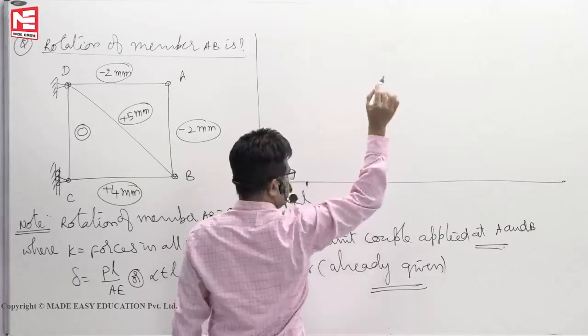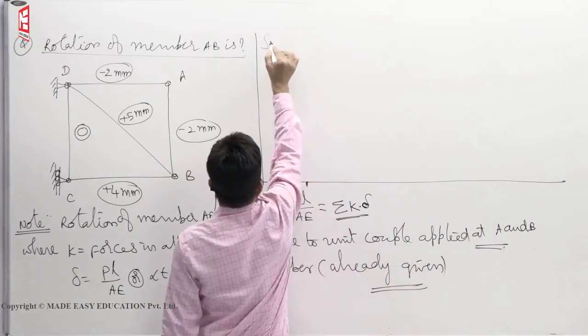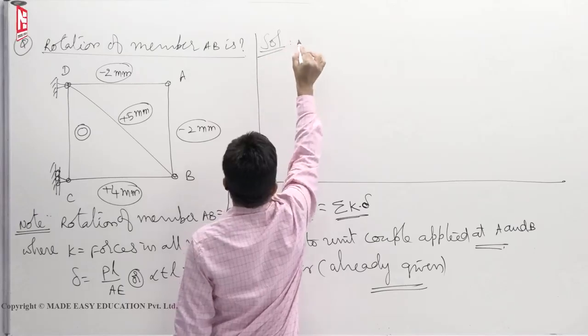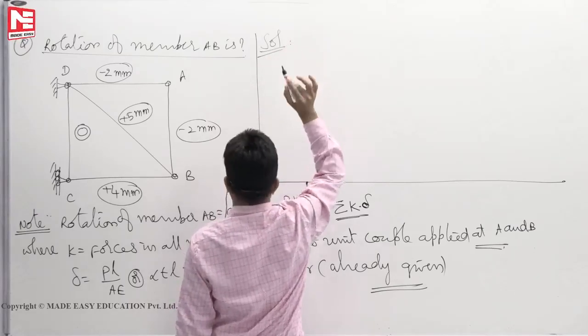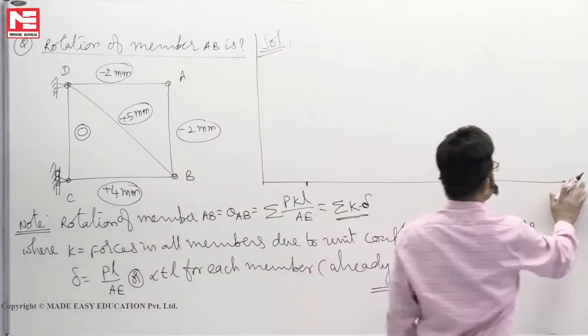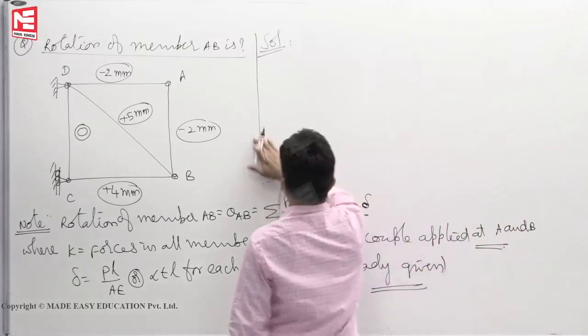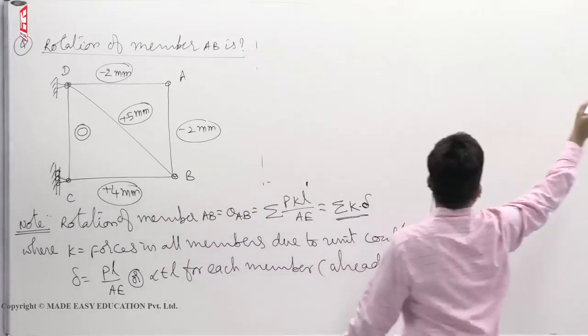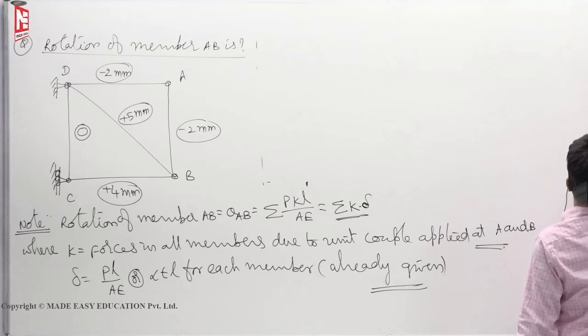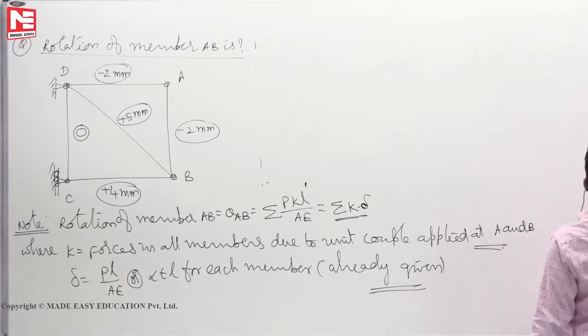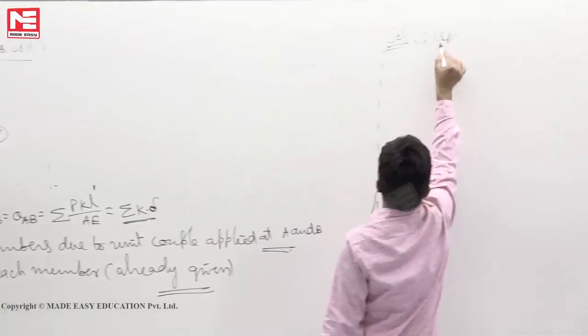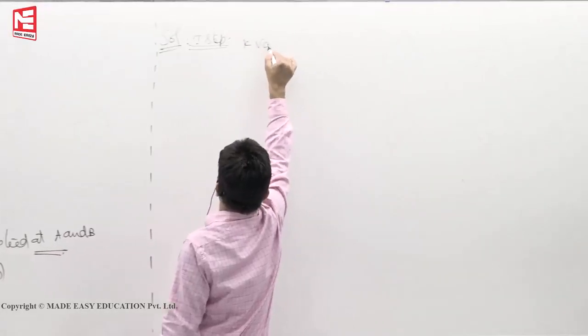So let us see how to find that. Here itself we'll write otherwise. First step, K values.